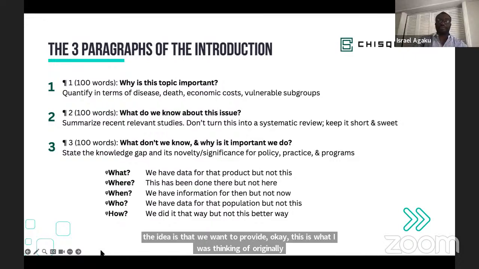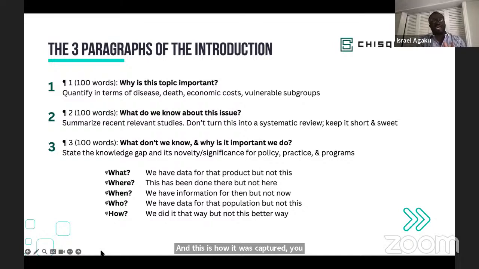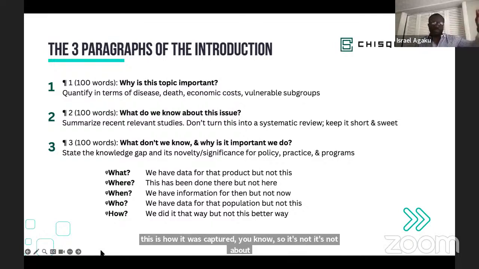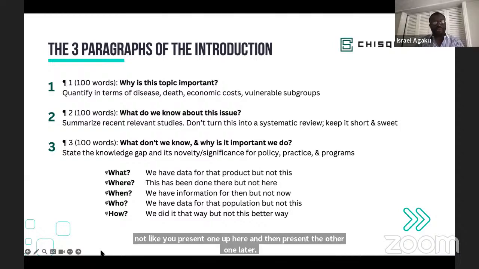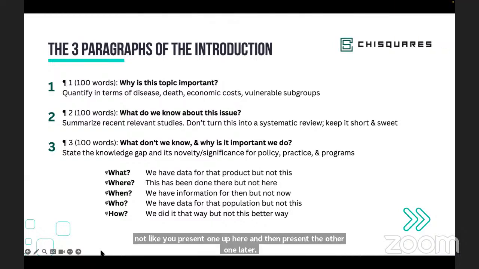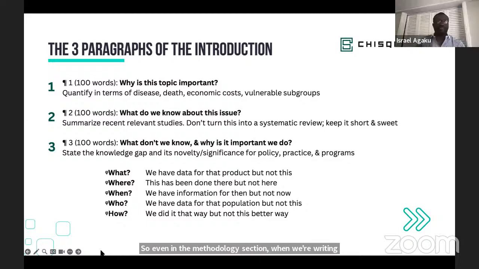So the two of them should go together hand in hand. It's not like you present one up here and then present the other one later, right? So even in the methodology section, when we're writing, yes, we want to provide the conceptual first, and then we want to describe how we operationally captured it so that the reader can understand in a flow what is happening.